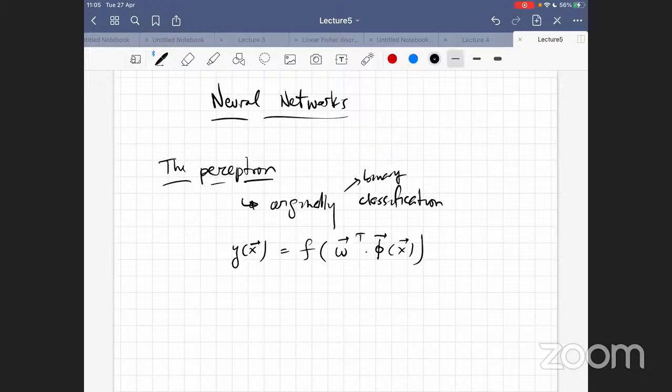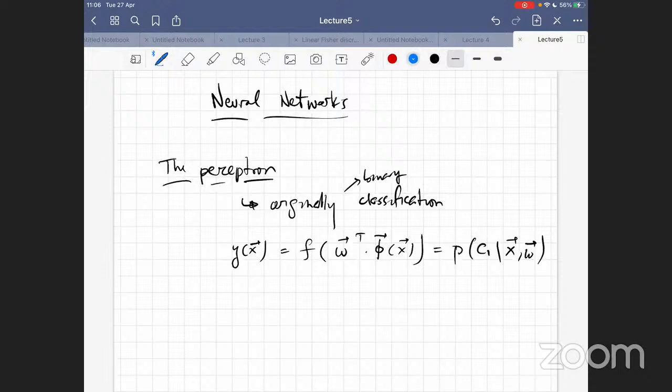And remember that we are always thinking of this object as the thing that defines the probability for class, let's say, class 1. I'm in a binary context. So this is the probability for class 1 given some input and some parameters, okay?